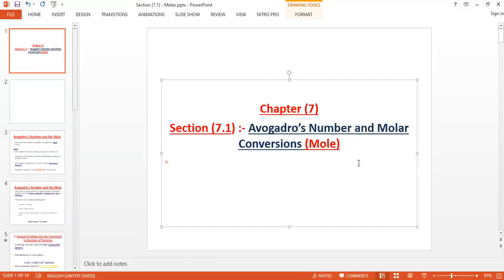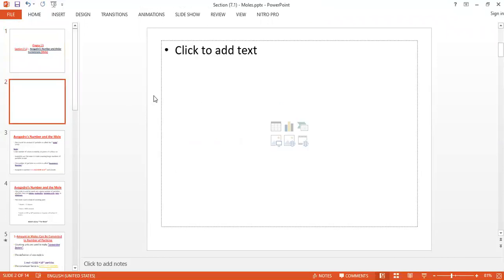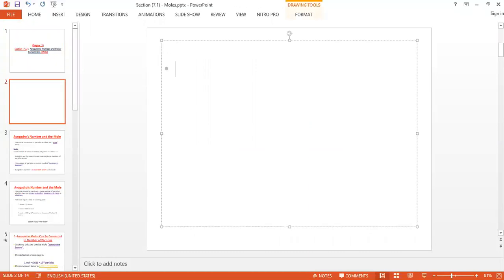Let's start section 7.1 and let's discuss and study together what is the meaning of mole and how can we calculate it. First of all, let me ask you a very important and simple question. Suppose that we have a lab session and we need to make a chemical reaction between sodium and chlorine in the lab, practically.